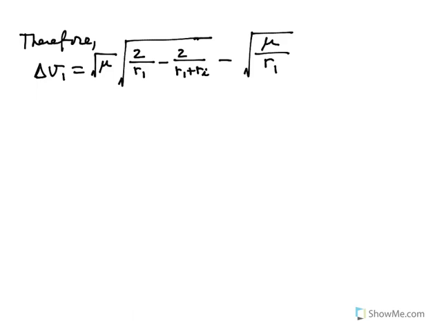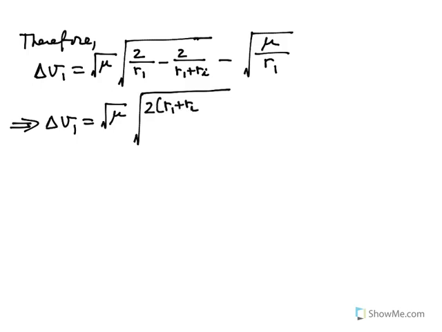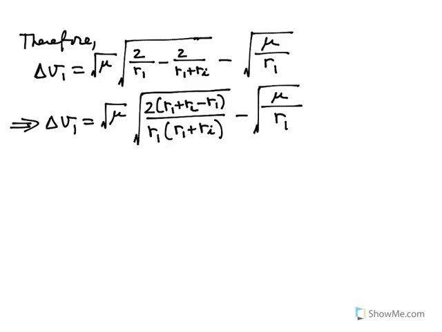If I rearrange this in a manner similar to the way I worked with the Hohmann transfer, then this is equal to the square root of 2 times R1 plus Ri minus R1 all divided by R1 times R1 plus Ri, minus the square root of mu divided by R1.